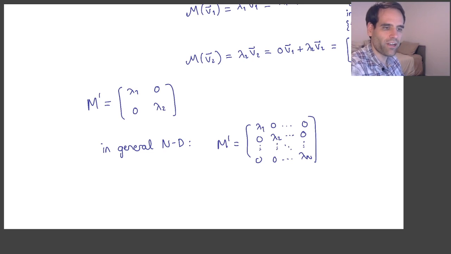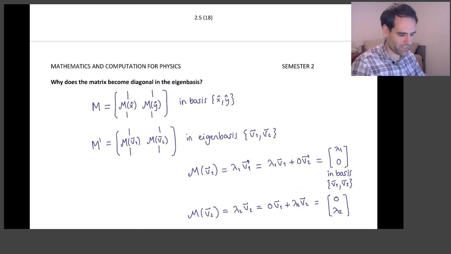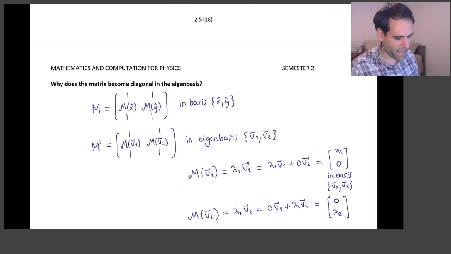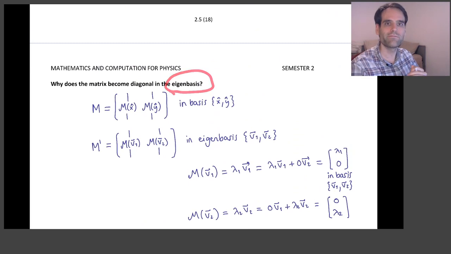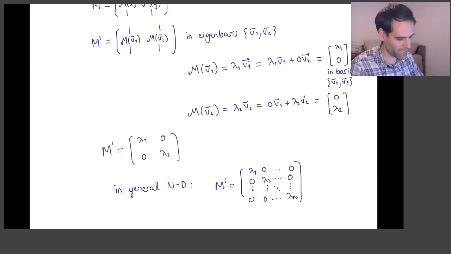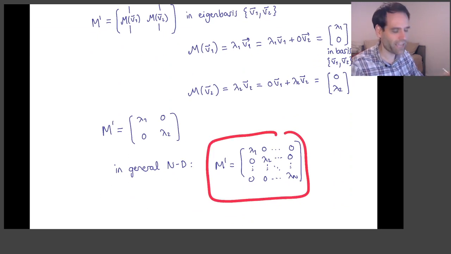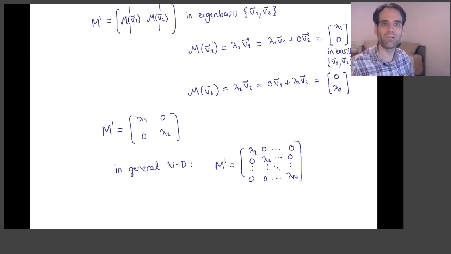It will be a diagonal matrix with the eigenvalues along the main diagonal. So this means that any matrix that has an eigenbasis associated to it can be rewritten using this eigenbasis as a diagonal matrix, which kind of makes the matrix really simple.